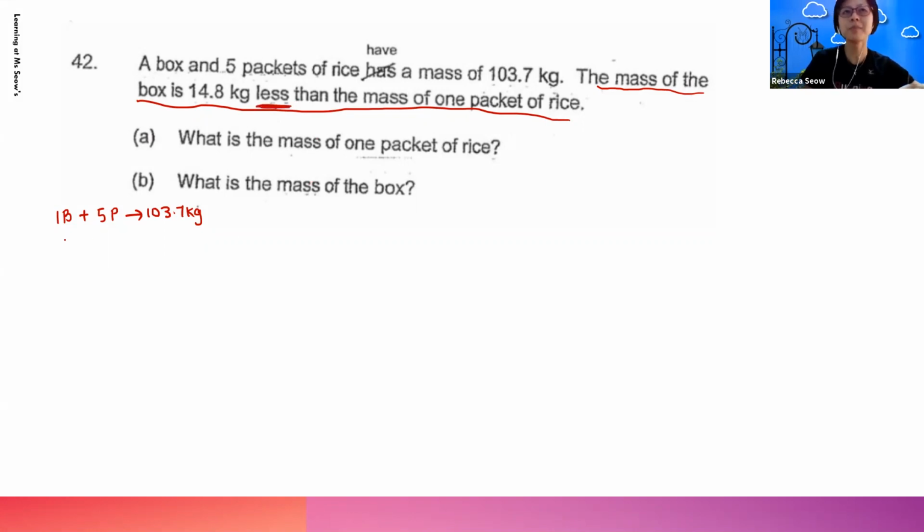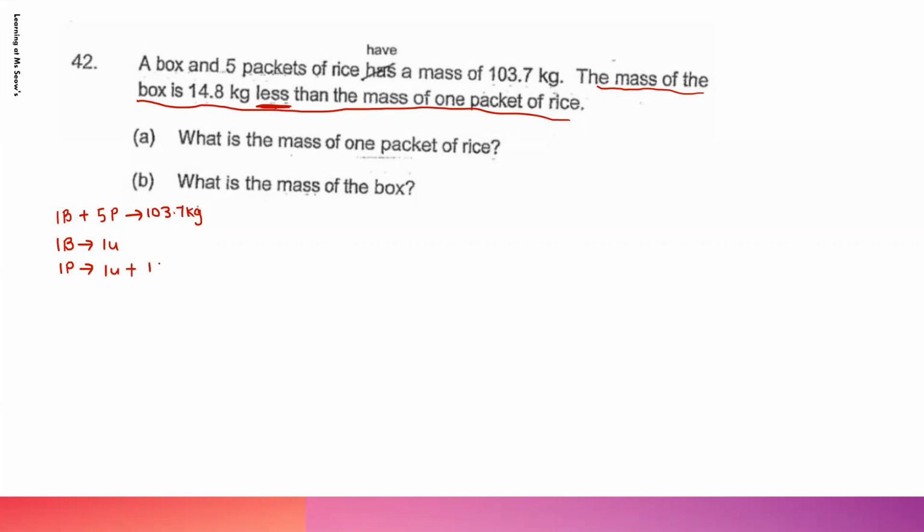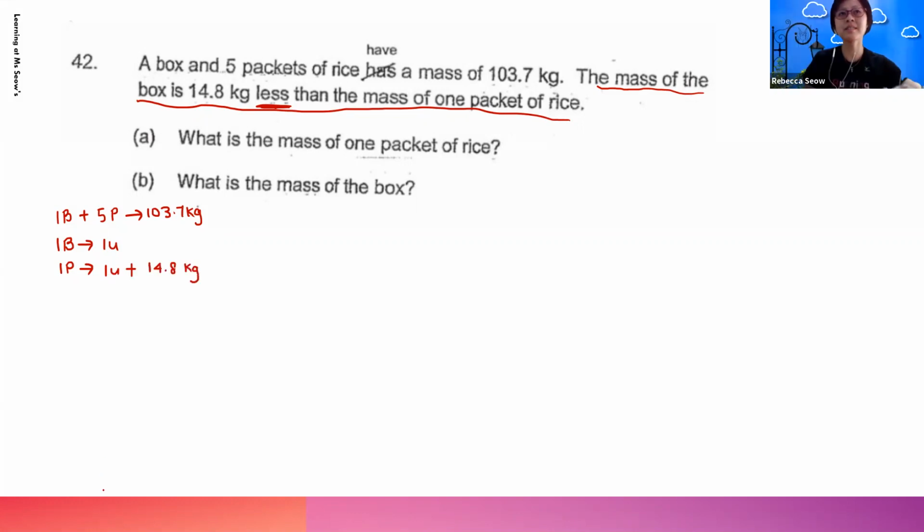So since the box is the lighter item, let's consider letting the mass of the box be 1 unit. From here, we could actually find the mass of one packet of rice in terms of number of units. Since the box is 14.8 kg less than one packet of rice, we can say that one packet of rice in terms of mass is 1U plus 14.8 kg. Okay, does this make sense to everyone?